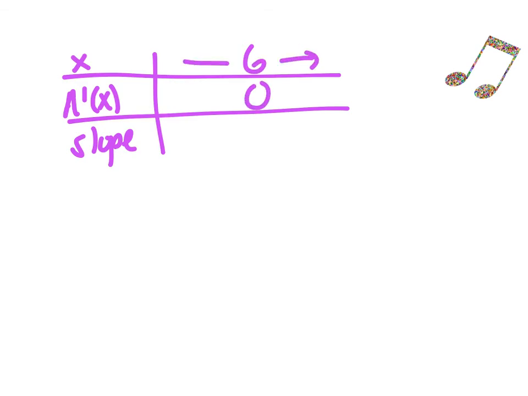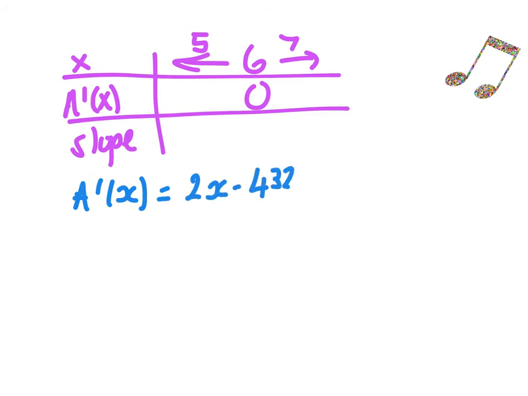I'm going to check a little bit before and a little bit after. I'm just going to choose 5 and 7. Remembering that I'm substituting into dA/dx, so I'm just going to put that down here. It's 2x minus 432 over x squared. So let's try with a 5.